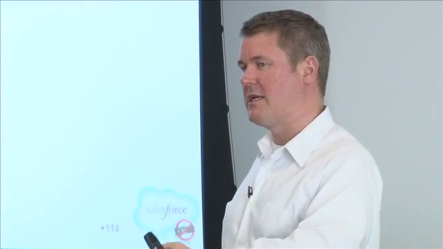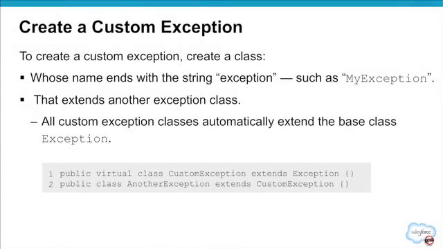Now here's one of those weird little things about Apex, which is that we enforce a naming convention. If you do create a class which is extending Exception, it must end in the word Exception. So you can create MyException, but you cannot create MyProblem if it extends the Exception class. So we enforce that naming convention.